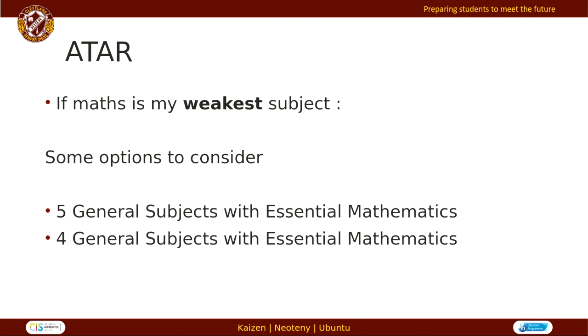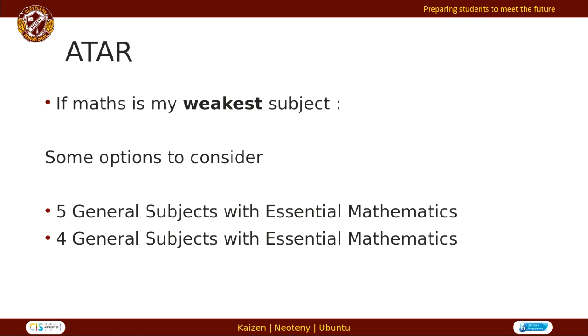Now that means I can still use my 5 general subjects to get my ATAR, which means I can maximize my ATAR. The only thing that you need to look into is the prerequisites for university. So if general maths is required for a prerequisite, then that would be a subject that you would have to do.